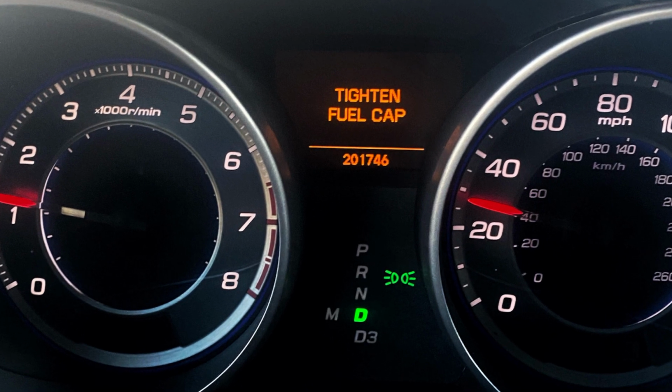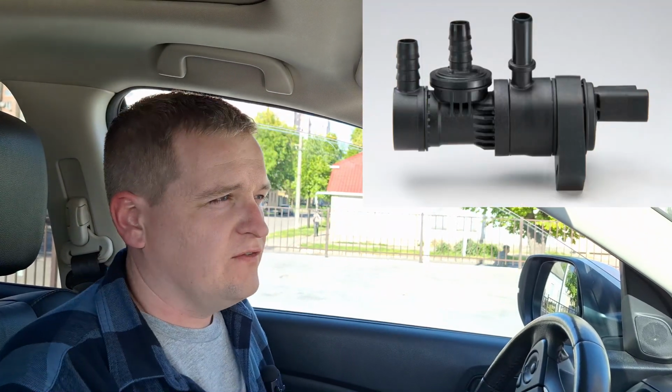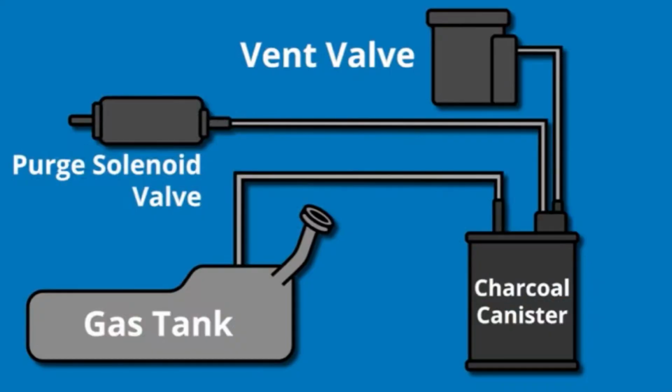And there is the last thing that is connected with the evaporation system. It's called the purge valve. The purge valve is actually the valve that lets the air from the evaporation system go to the engine. And when the engine is off, this valve is closed, so the vapors don't go to the engine.